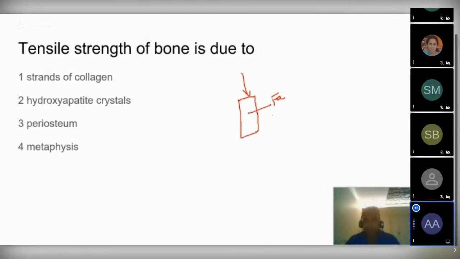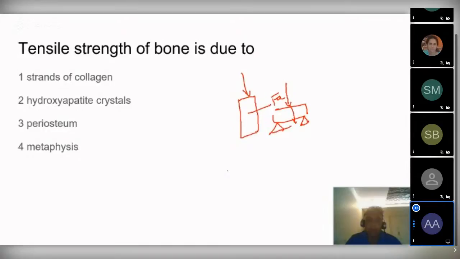But if you keep the brick like this on two supportive structures, and somebody hits it, as you see in Jackie Chan movies or any martial arts, it fails here. This is a tensile force. Tensile force causes a fracture.